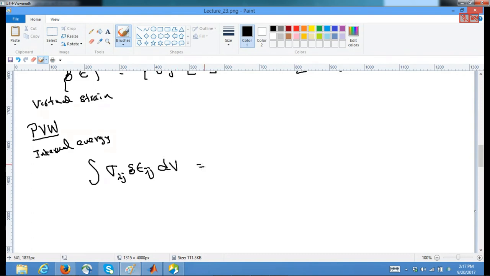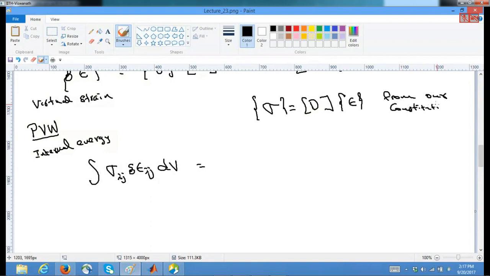So this can be written as, we know that sigma is equal to D times epsilon from our constitutive framework, which for linear elasticity we have already given.